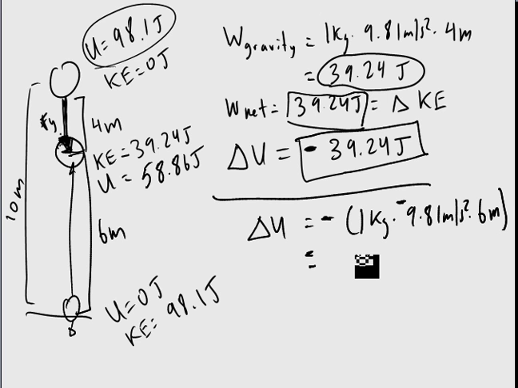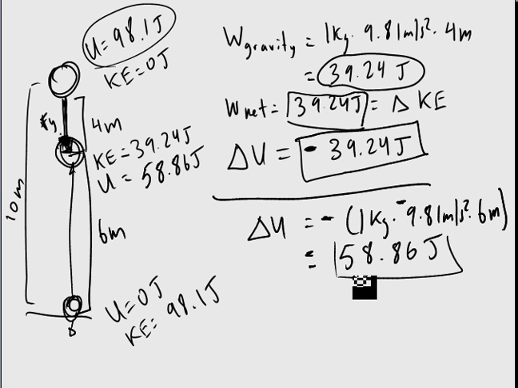Those two negatives will cancel out, and I'll get 58.86 joules. And you'll see that this is just saying that lifting the ball up from the ground to here, 6 meters up, the ball will have the same energy as though it was at 10 meters and dropped 4 meters, right? These are two different ways of solving for it, and they'll get you the exact same thing.